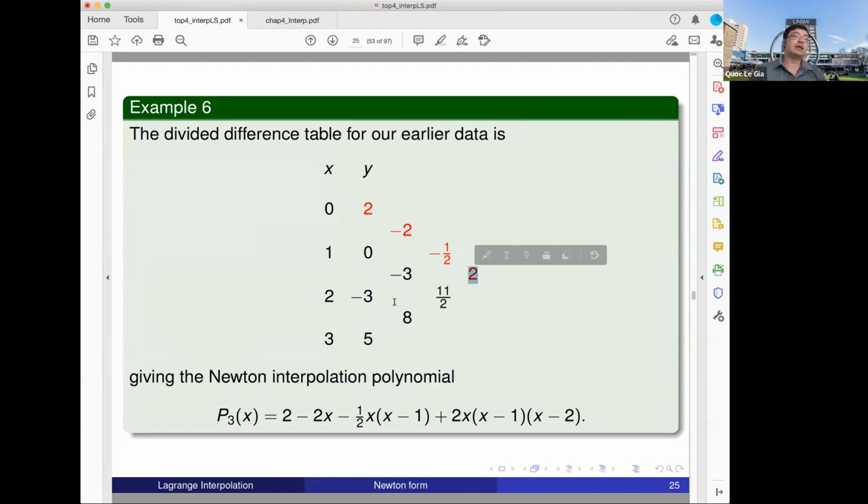MATLAB cannot implement these triangles, so it pushes the columns upwards. Then you can see that table T is not an upper triangular, but like a triangular matrix. So the top row will give you the coefficients of the divided difference table.